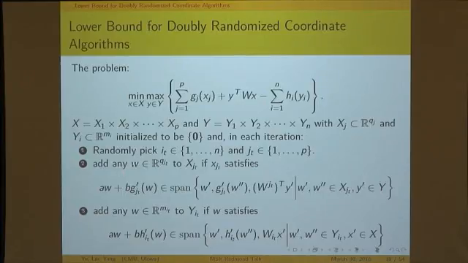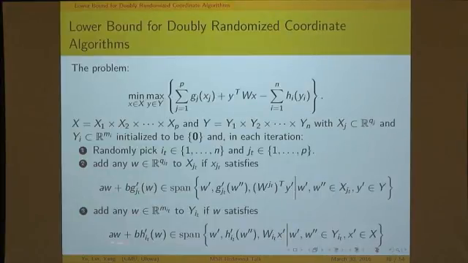Basically, in each iteration we can only sample one coordinate and one data block, and then we add points to the current solution, which is just the linear span of either this point or its gradient, or the inner product between the data block and this point.